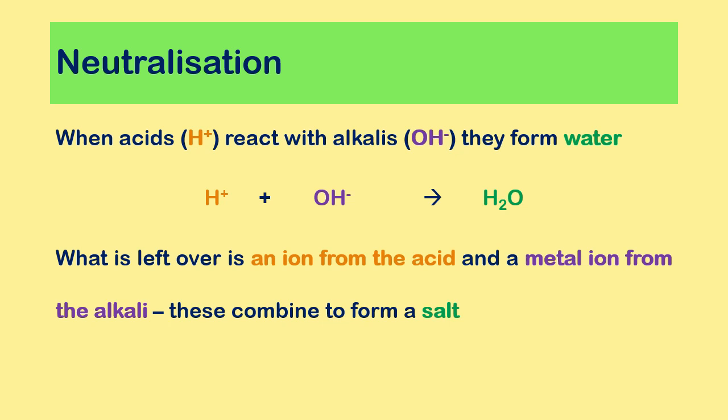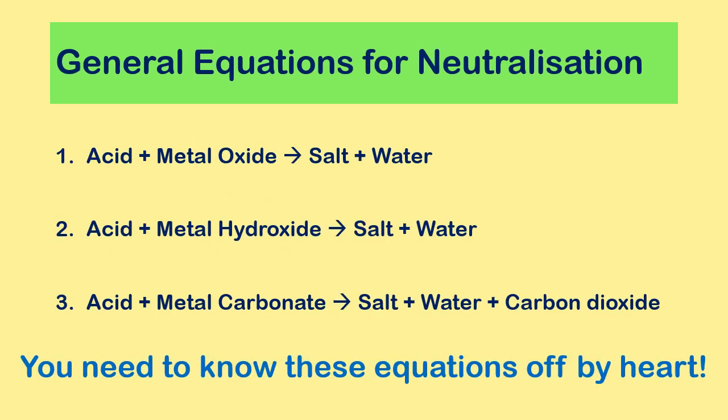Our hydrogen ions were attached to something else, and our hydroxide ions were attached to something else. Those other things, when the neutralization reaction happens, they will come together to form something called a salt. And we need to be able to name those. We also need to know these 3 equations for neutralization.